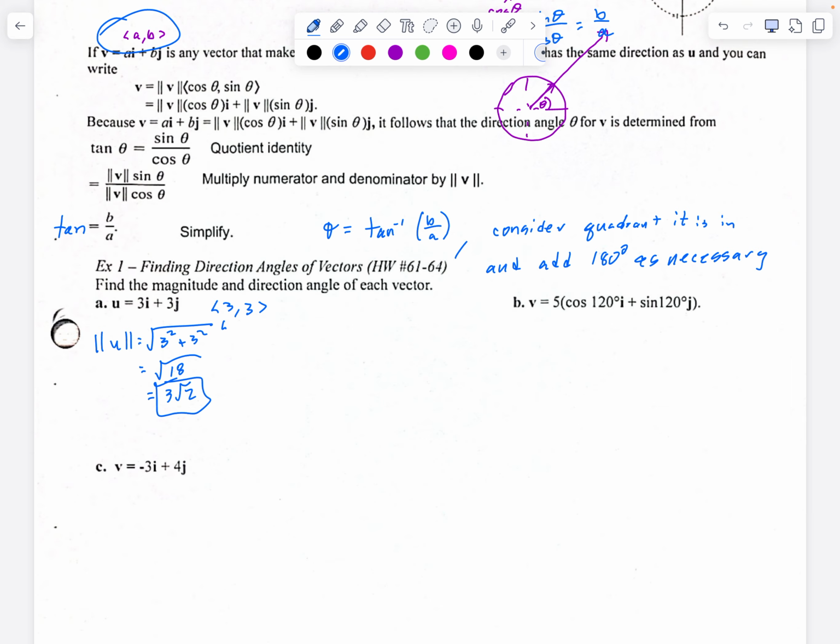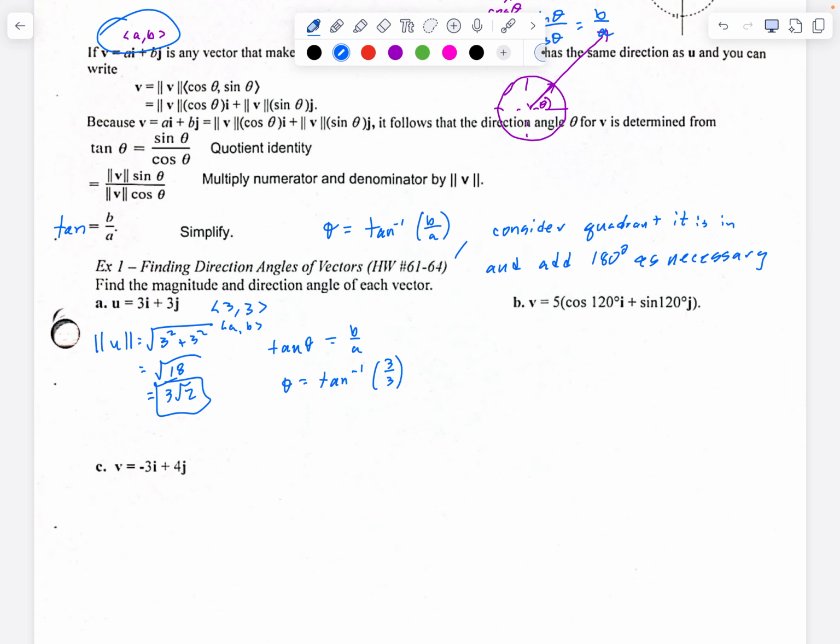And then if this is a and then b, we find the angle: tangent of theta is your b over your a, and theta then is the inverse tangent of 3 over 3. And that's the inverse tangent of 1. The problem with inverse tangent is that it will only give you an angle between negative pi halves, or negative 90 degrees, and 90 degrees, because inverse tangents have that restriction on them.